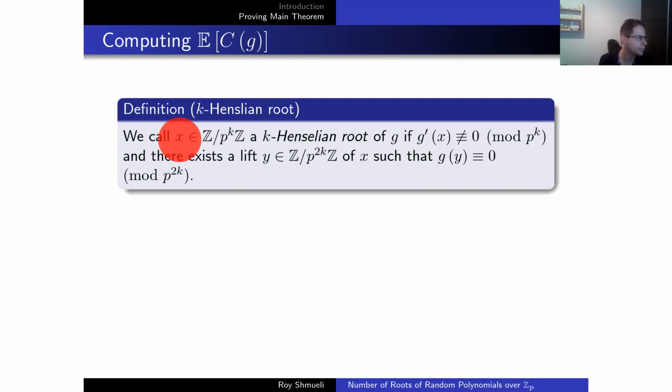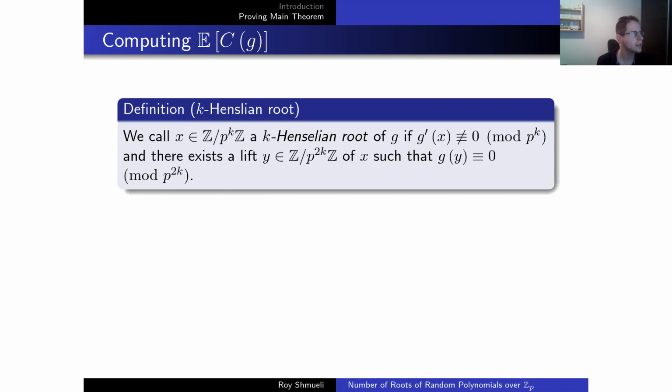X in the integers modulo p to the power of k is a K-Henselian root of g if the derivative of g is not 0 at x modulo p to the power of k, and I can lift x to the integers modulo p to the power of 2k to a root of g.